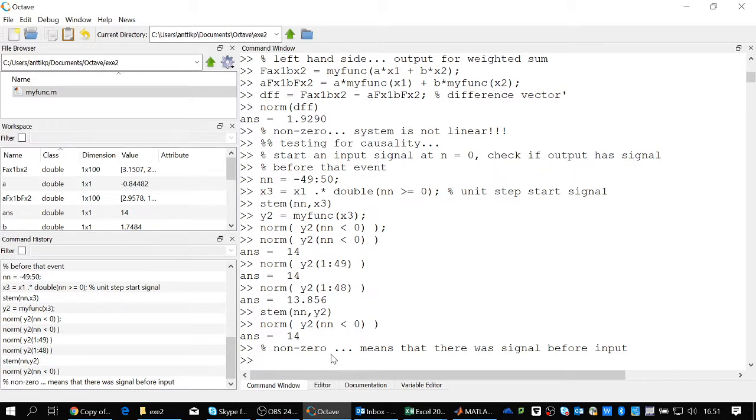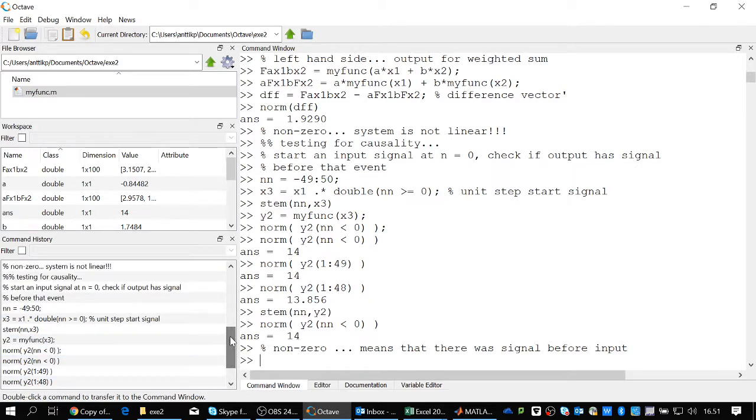That's a constant. All right. And there I could also see causality.